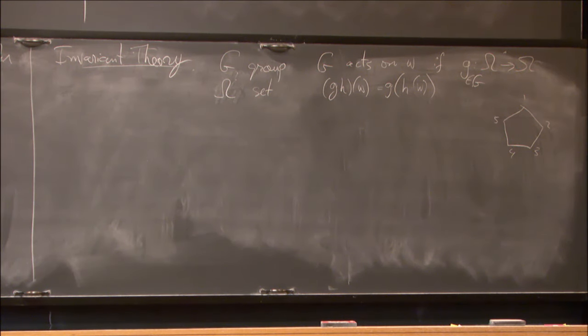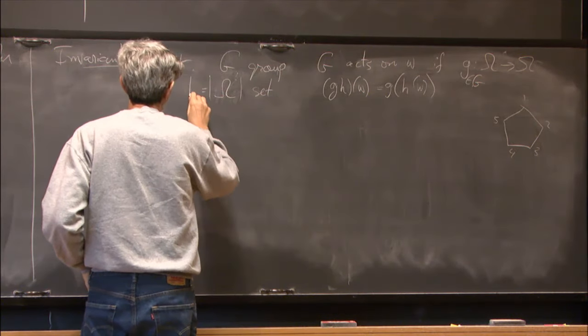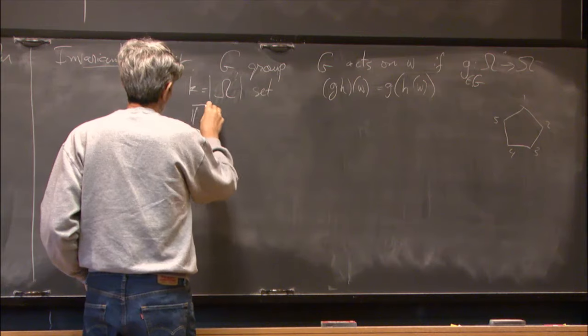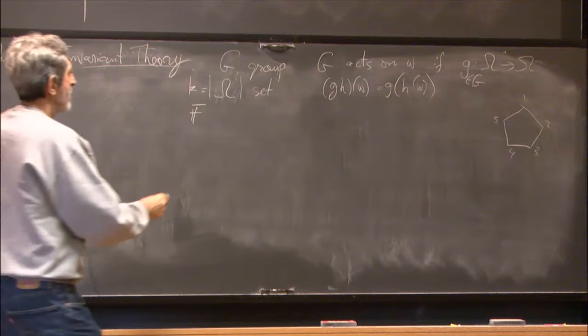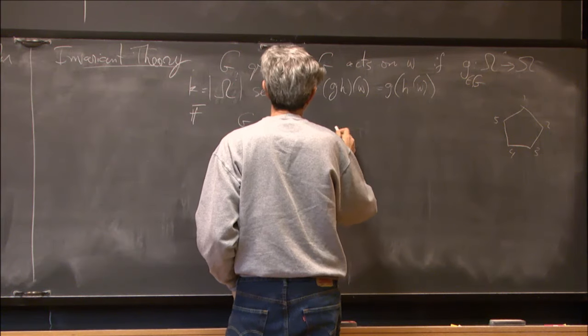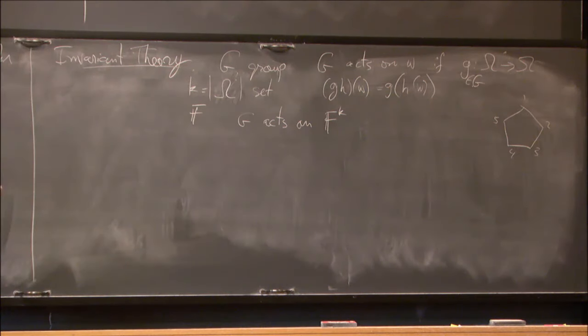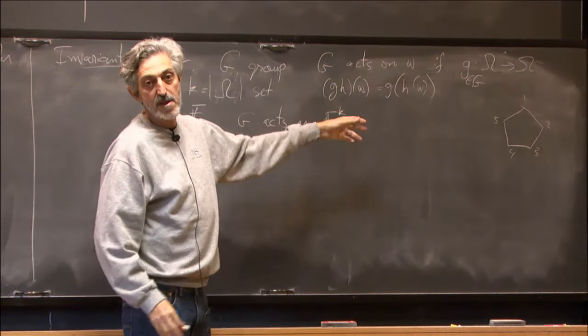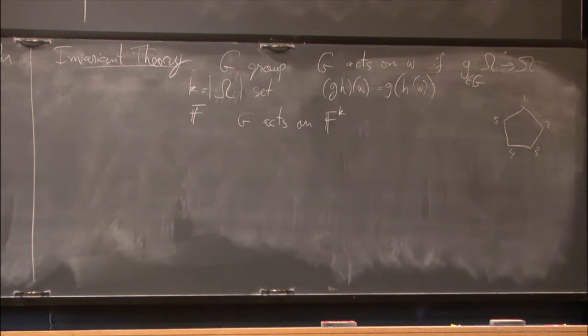If the size of omega is k, and you have some field F, then you can think of this action as an action on F to the k. It just permutes the coordinates. Omega is what's labeling the coordinates of the vector. So once you have an action on the set, you immediately have an action on a vector space. That's one generalization that's used.